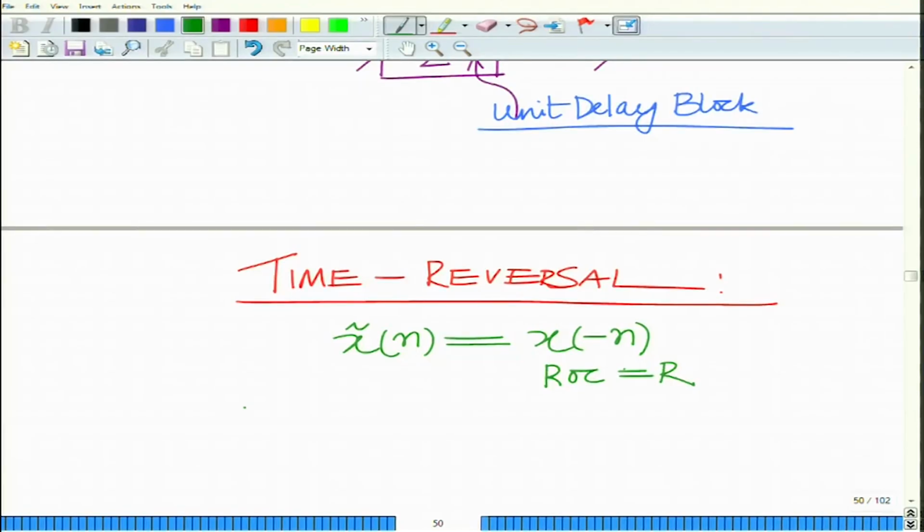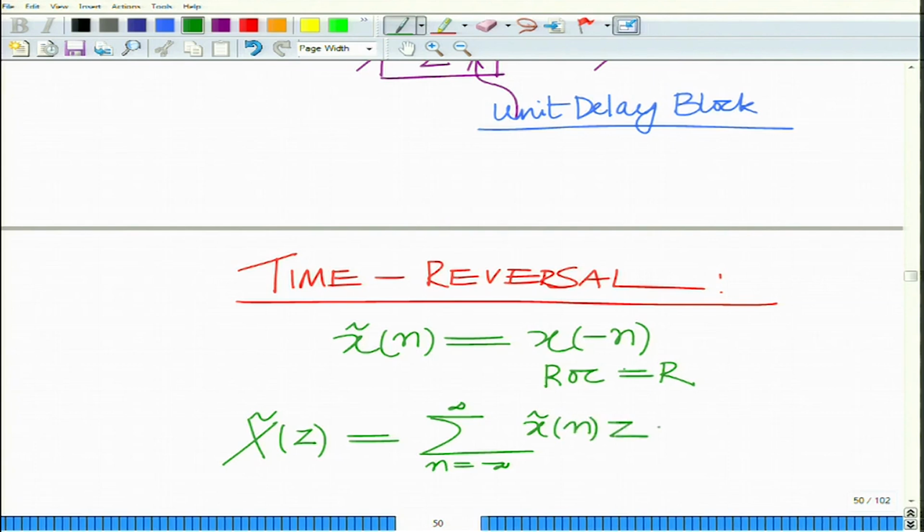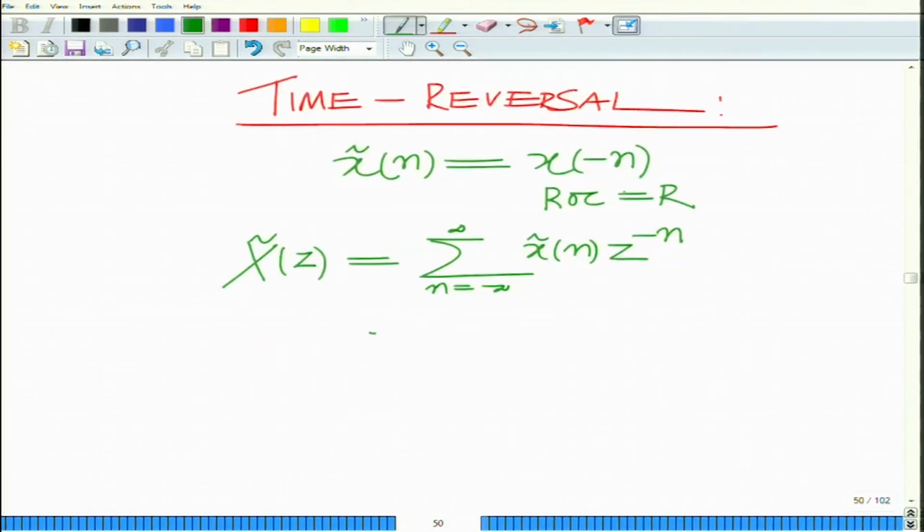And the Z transform of this, it's easy to see, is given as x tilde of z equals summation n equals minus infinity to infinity x tilde of n z raised to minus n, that is equal to summation n equals minus infinity to infinity x of minus n z raised to minus n, where we now set m equals minus n.